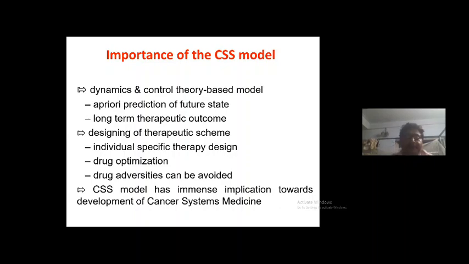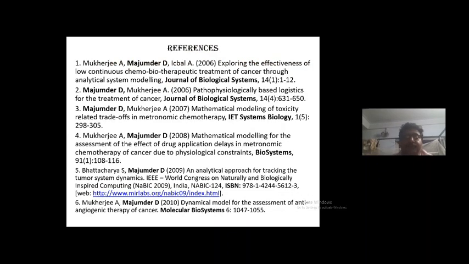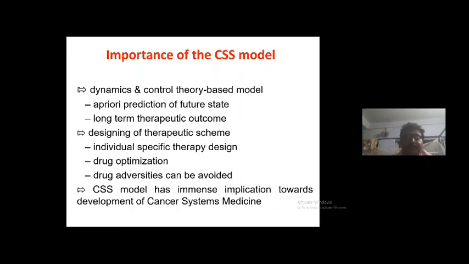That can be changed during the course of the therapy as well. And we hope that this model definitely has some implication for cancer systems medicine. And in drug repurposing, the concept is not to change the drug, but the same drug can be used in a different manner. So this model can help in the drug repurposing strategy as well.